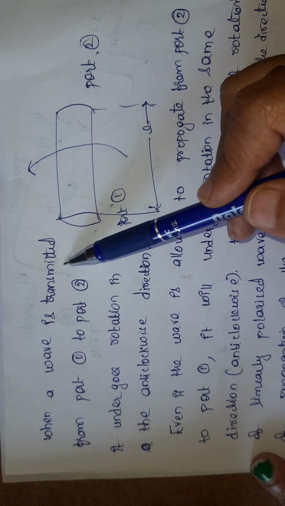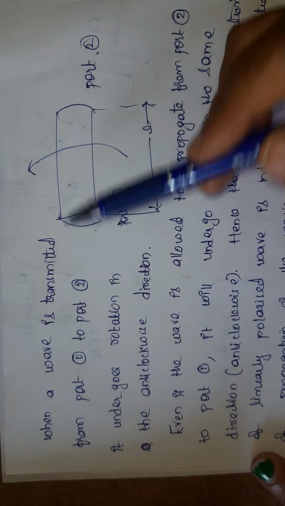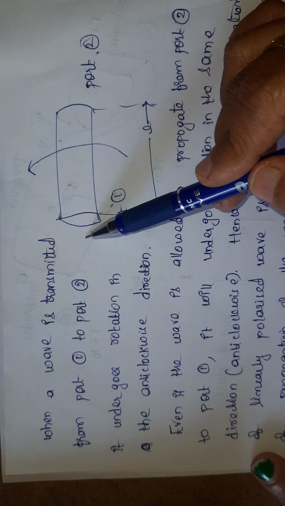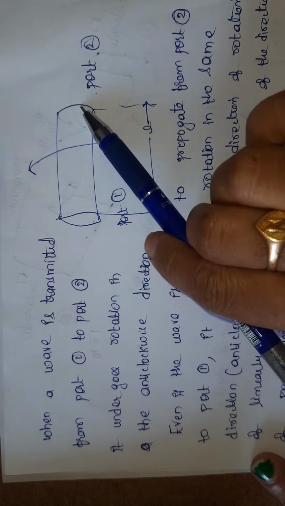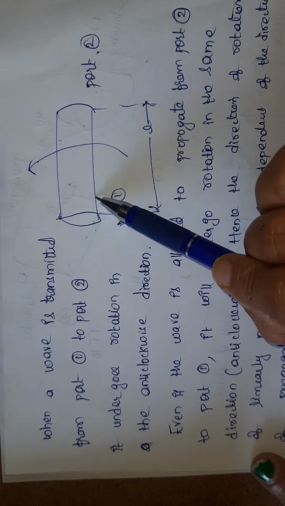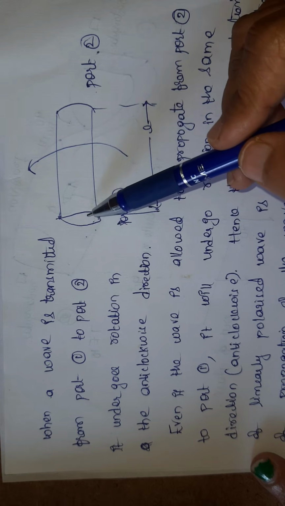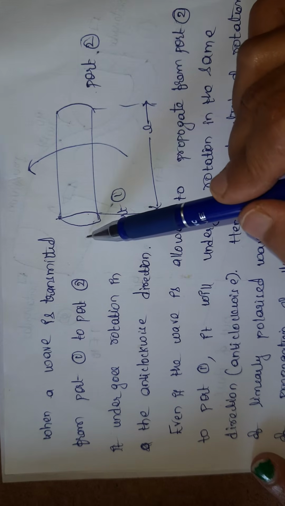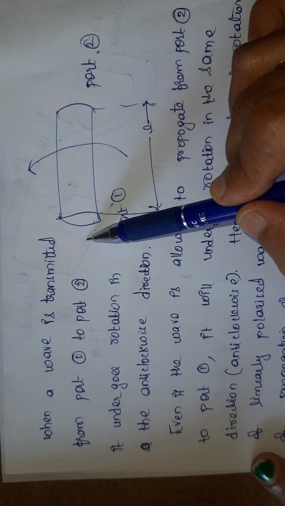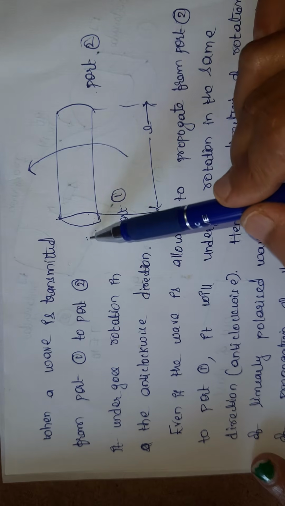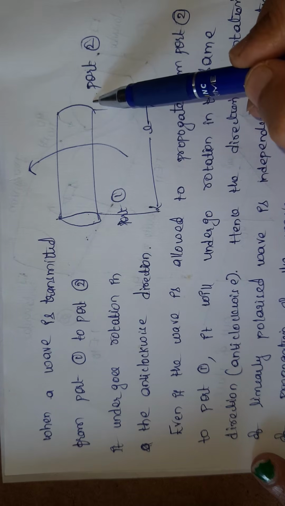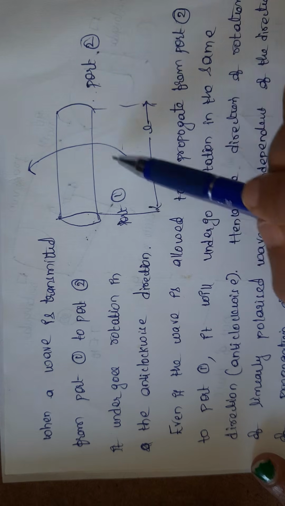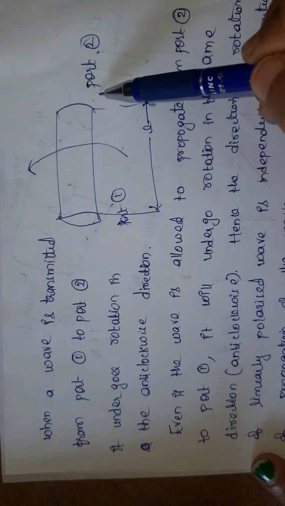When a linearly polarized wave, polarized along the x-axis, is made to propagate through the ferrite rod, and the ferrite rod is along the z axis, it undergoes a rotation in the anti-clockwise direction. That is, for the linearly polarized wave there is a phase shift of theta. If we measure theta at port 2, it changes its direction in the anti-clockwise direction, so there is a phase difference.